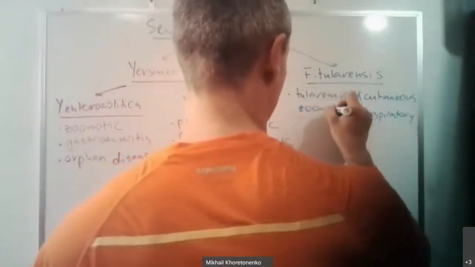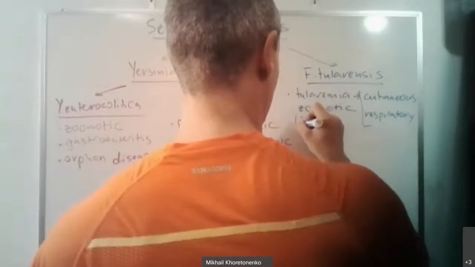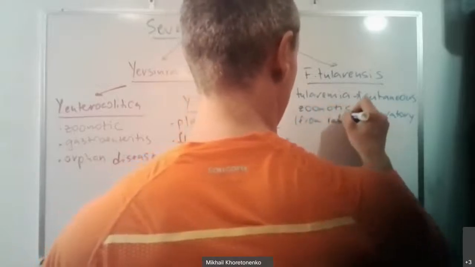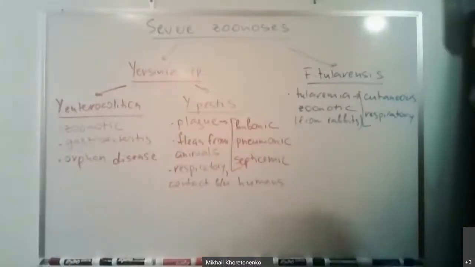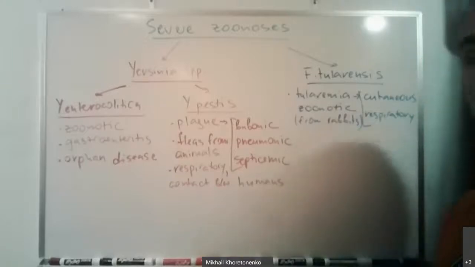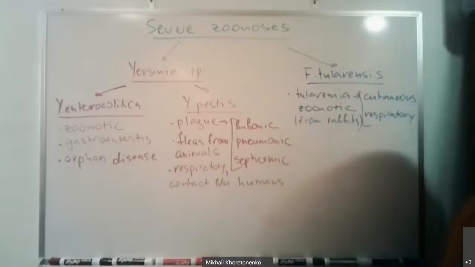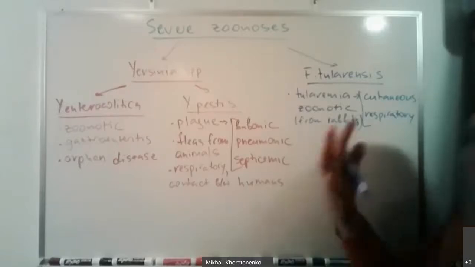It is a zoonotic infection which can be acquired from rabbits. It's pretty severe. In its cutaneous form, though, it's relatively mild and usually acquired when people skin infected rabbits. In its respiratory form, it can be very severe, with mortality rates up to 50%. It is not transmitted from person to person, but is very effectively transmitted via aerosols when rabbit droppings are aerosolized and whatnot.